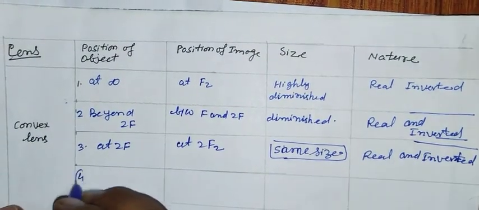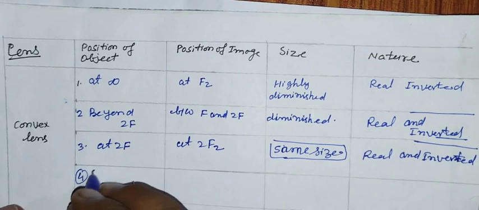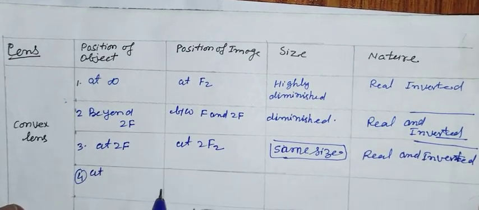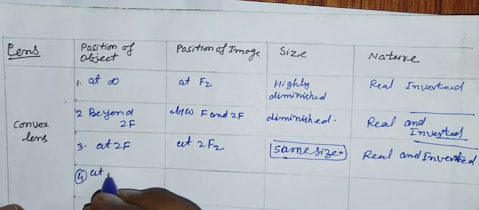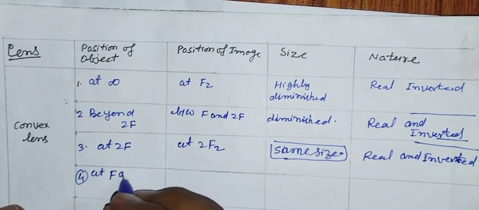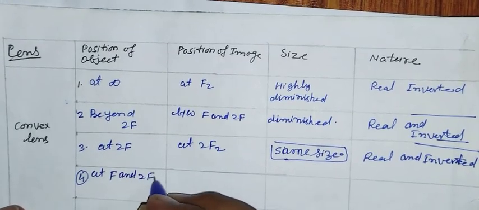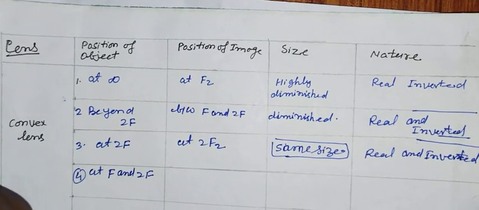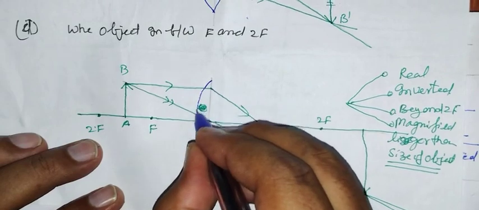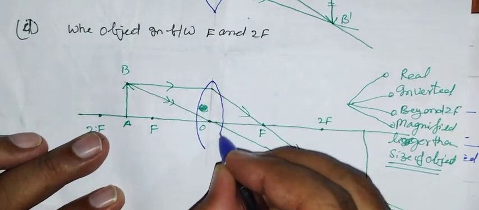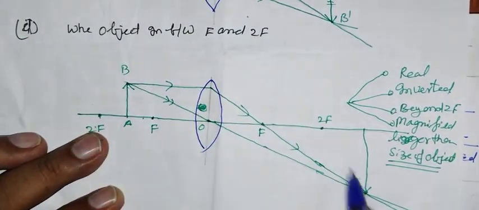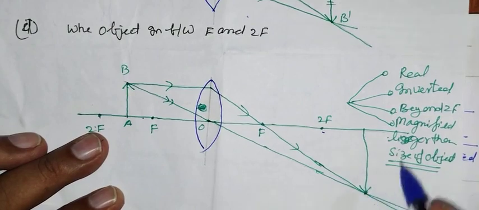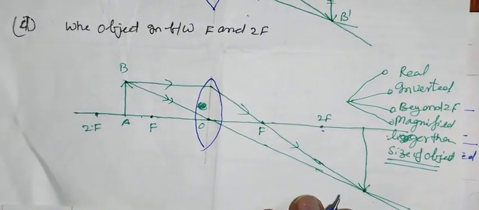Fourth, the object is between F and 2F. Here, according to the diagram, in this convex lens, the image is beyond 2F, larger size, real and inverted.